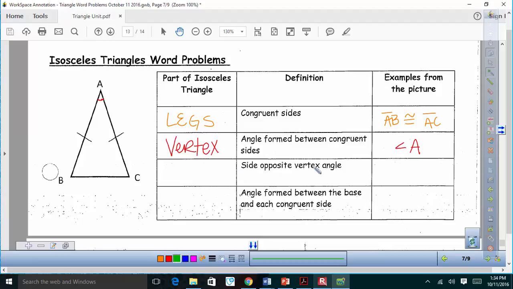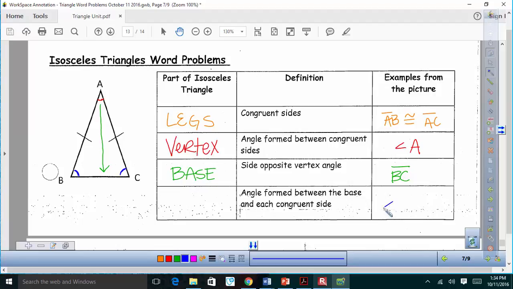Now, the side opposite of the vertex, in the picture, that side is BC. The side opposite of the vertex is called the base. That's what the triangle sits on, for an isosceles triangle. And then the angles formed between the base and each congruent side would be this angle and this angle.